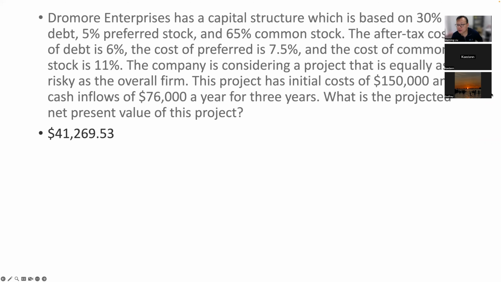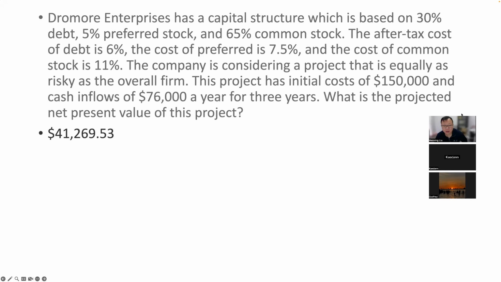So the first question is, there's a company that has a capital structure which is based on 30% debt, 5% preferred share, and 65% common stocks, right? So capital structure means how did you pay for capital, right?